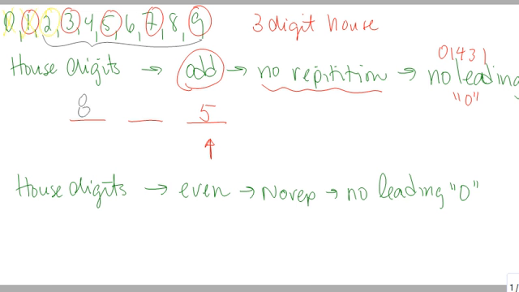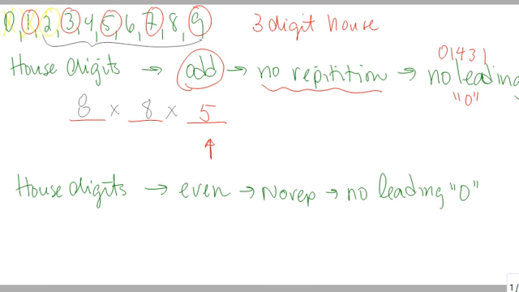So there are 8 choices for the first digit. The second digit has no restrictions on it, except that we've already used up 2 digits, so that means there's actually only 8 left. And we multiply these numbers together to get the final number of odd house numbers. I'm going to leave you for the multiplication.